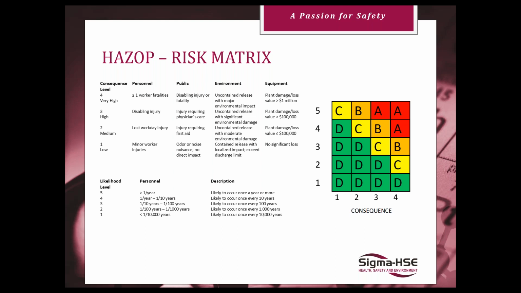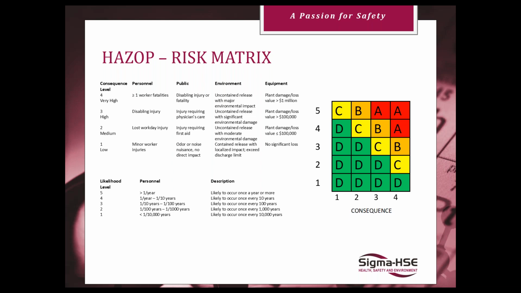And then every HAZOP will have a risk matrix. There's a variety of different risk matrices. This is a standard industry one I'd use. Likelihood going from once a year to once every 10,000 years, and then severity depending on impact. If you're looking at impact to plant personnel, anything from a minor worker injury, which would be first aid, up to a potential fatality, and that would give you your range of consequences.